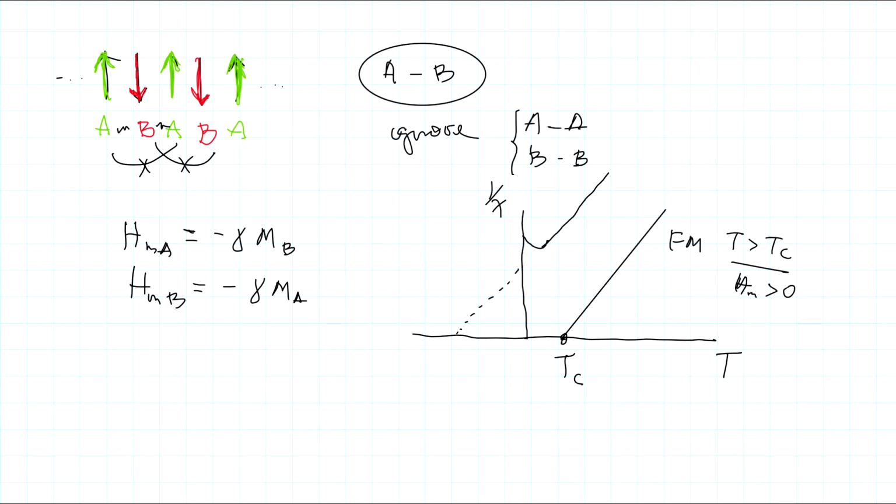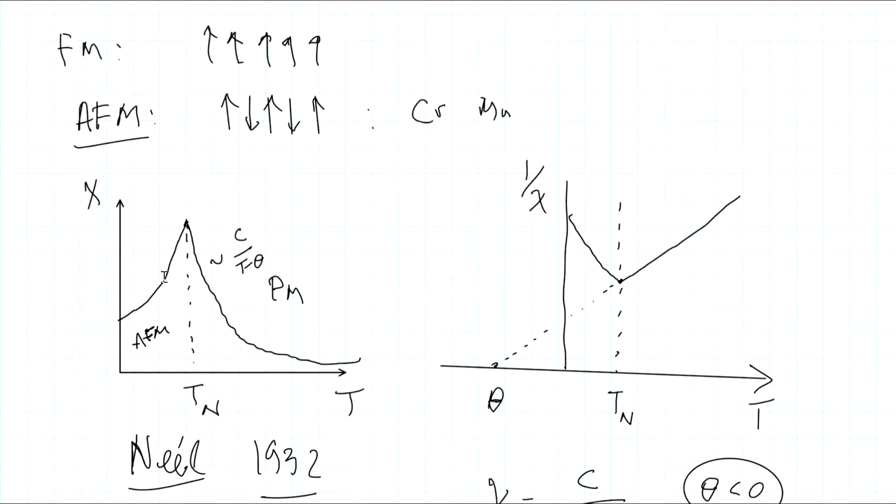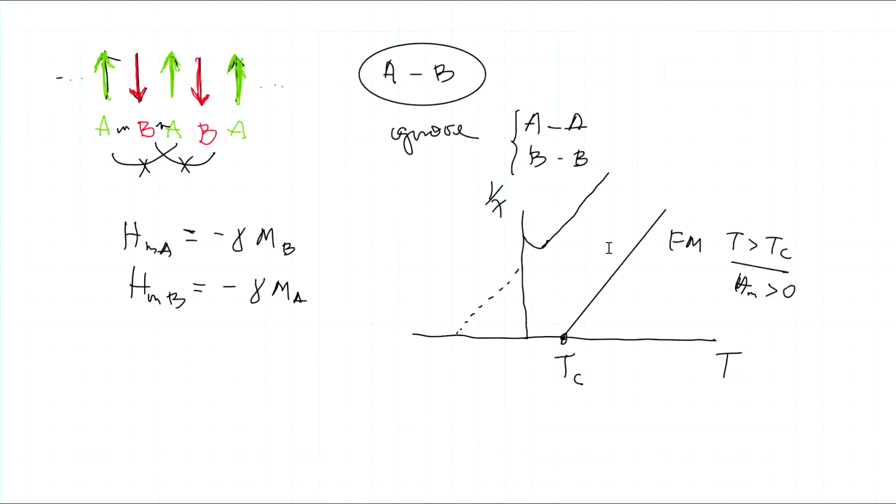So let's scroll up right here. So this is the case. You can see that when we lower the temperature below the Néel temperature, the inverse susceptibility starts to go up. Let's get back here. So this would be somewhere here, our Néel temperature.